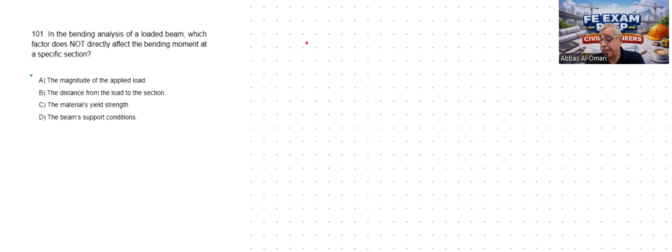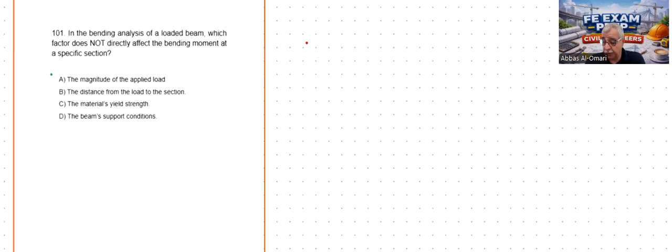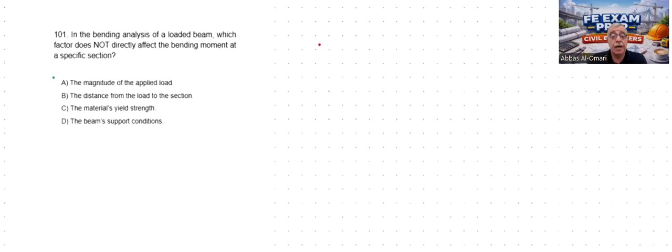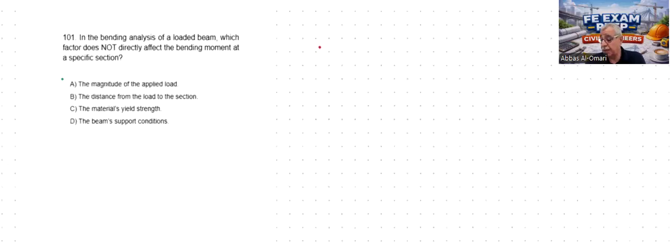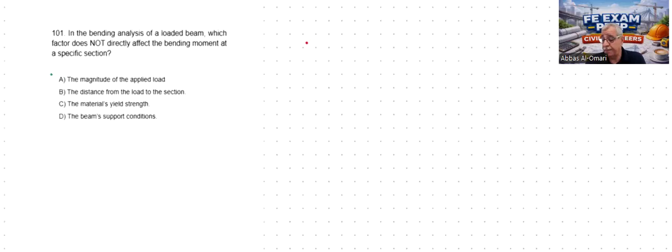The material's yield strength does not affect the moment. The beam's support conditions affect the moment because they affect the magnitude of the moment. So the correct answer is C. The material's yield strength does not affect the moment.